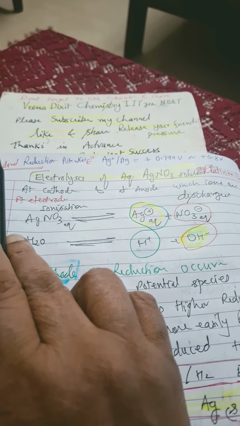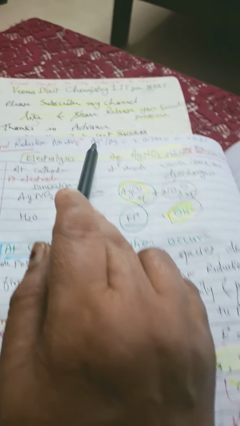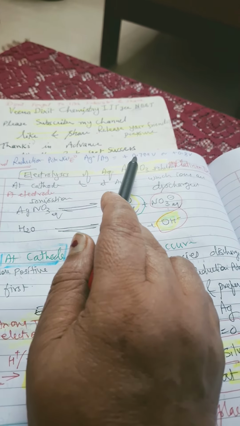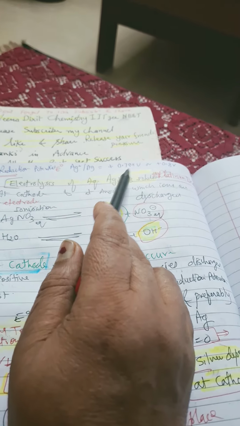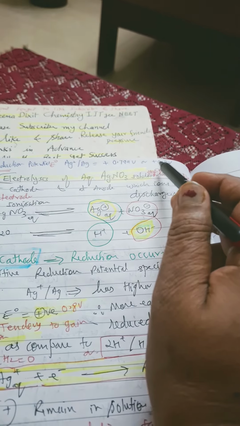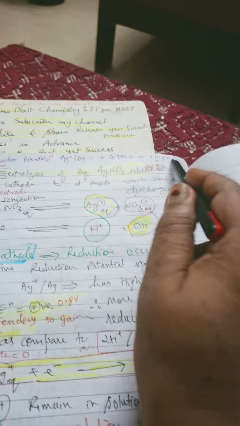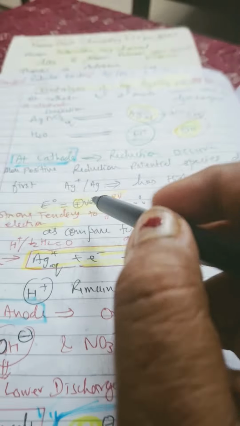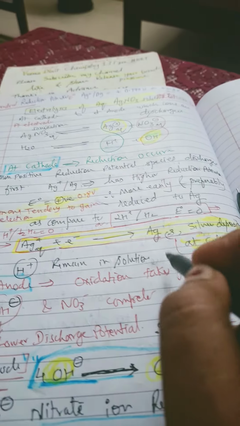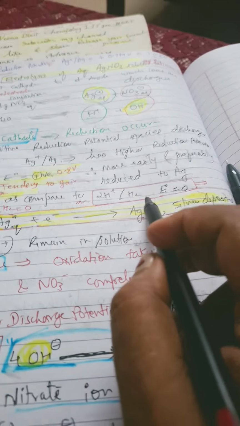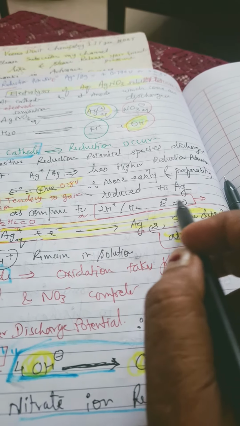I will tell you that the standard reduction potential of Ag+ to Ag is 0.799 volt, or simply 0.8 volt rounded off. And water has H+ to H2, E° equal to 0.